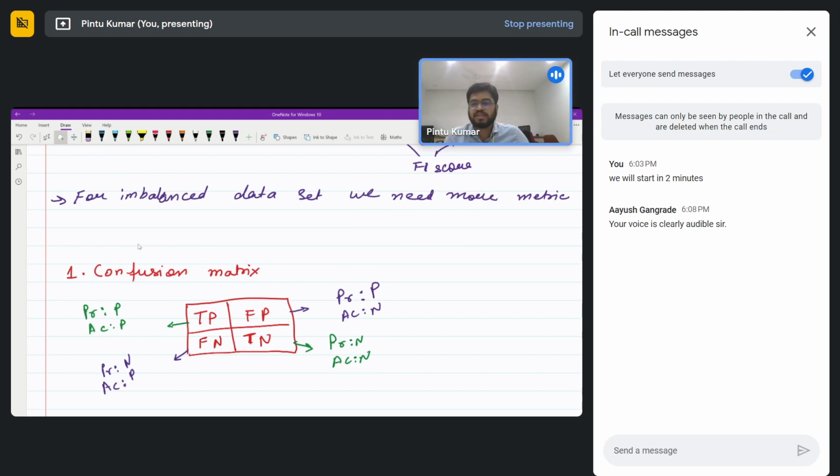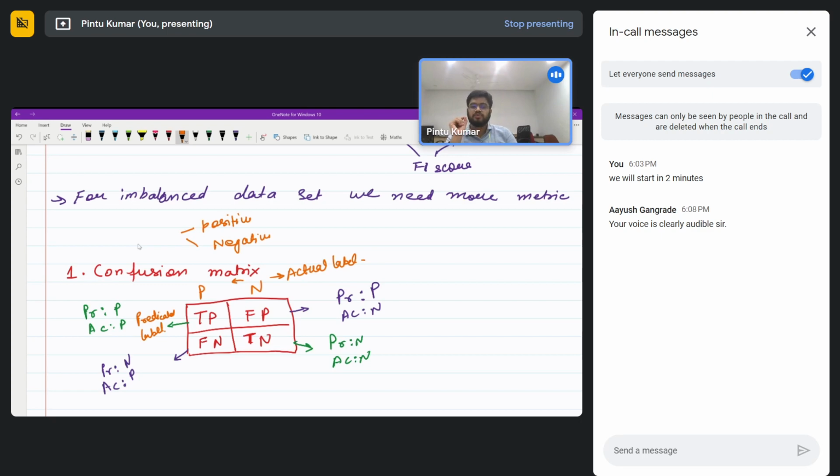So let's say now you have two types of data points, one is positive, one is negative. So you create a matrix. Let's say this is your actual label, and your rows, this side, represent the predicted label.